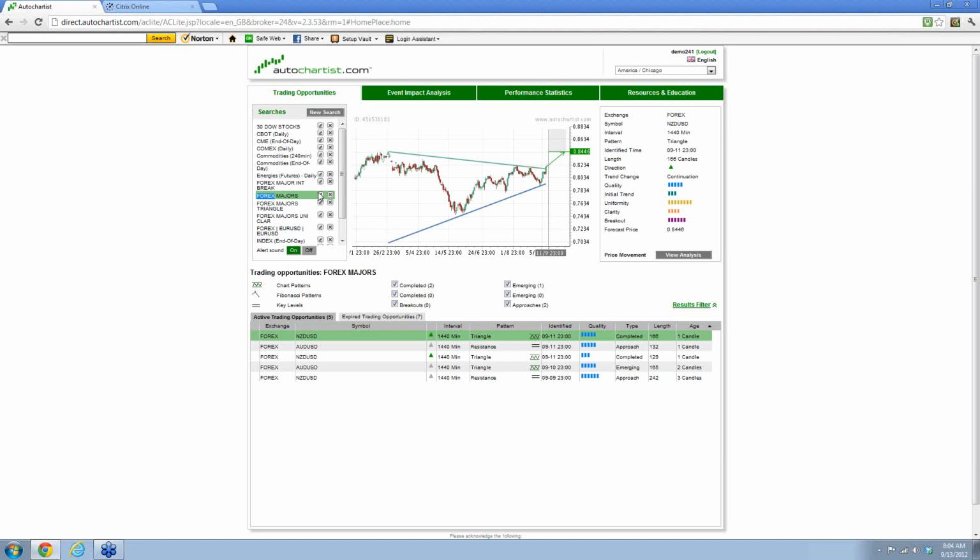Why I want to look at dailies first is because I like to trade in the direction of the main trend. So one trade opportunity search you may want to do is to create a list of these Forex markets that show you the broader, longer-term daily chart first.